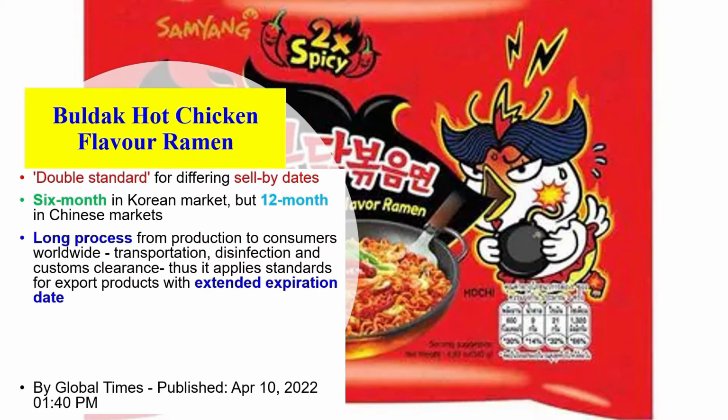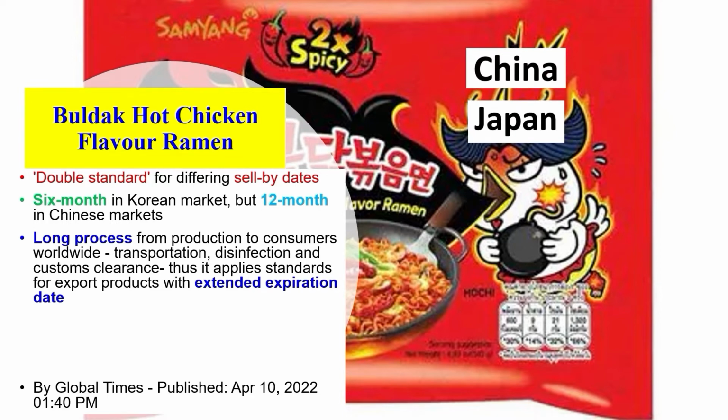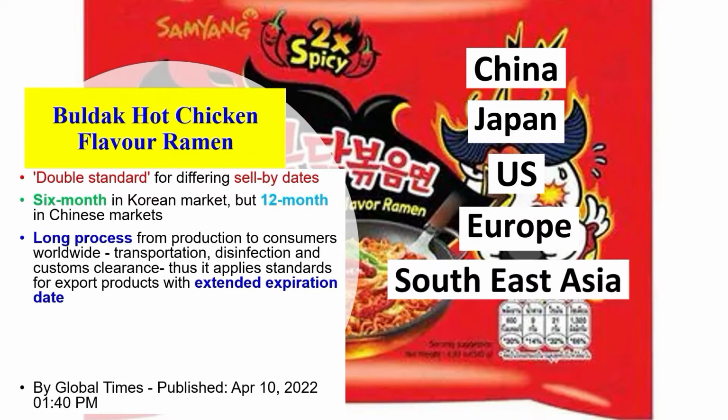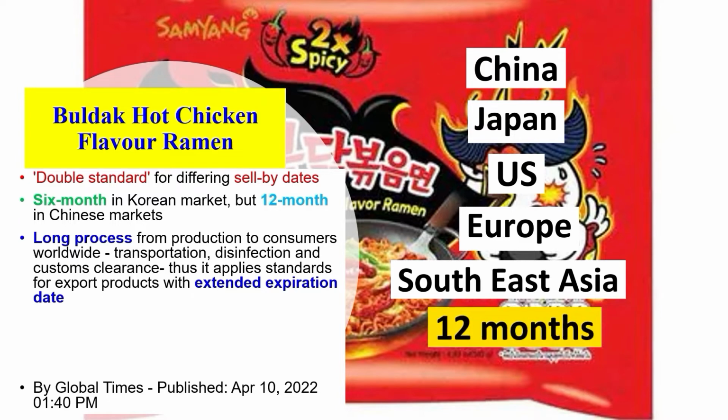Then Samyang Food President Kim Jong-soo said, during a meeting with the Chinese ambassador to South Korea, Shin Hai-ming, that the shelf life of the instant noodles exported to China, Japan, US, Europe, Southeast Asia and other countries is 12 months compared with 6 months in South Korea.